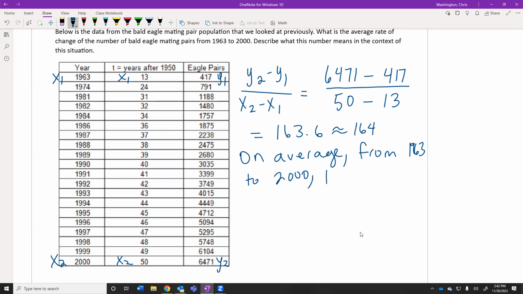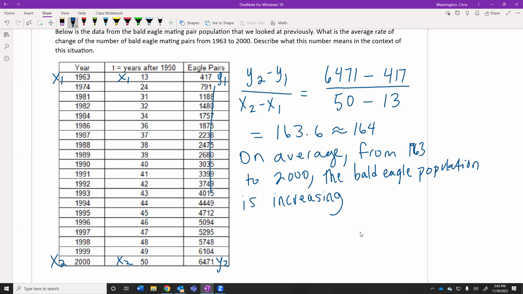The bald eagle population. Is it increasing or decreasing? It's changing, right? We know it's changing, but we can be a little more specific and say, yes, it is changing at a rate of, that's really what we're talking about. It's changing at a rate of, but we can also use the word increasing at this point, because we do know that it's increasing. How do I know it's increasing?